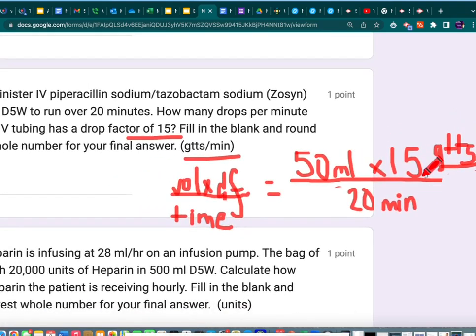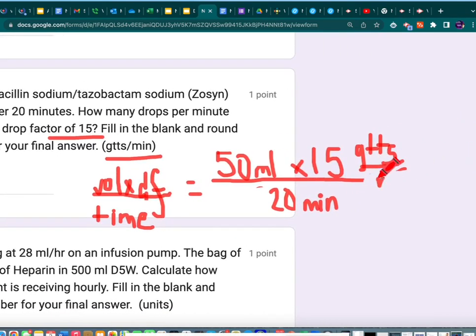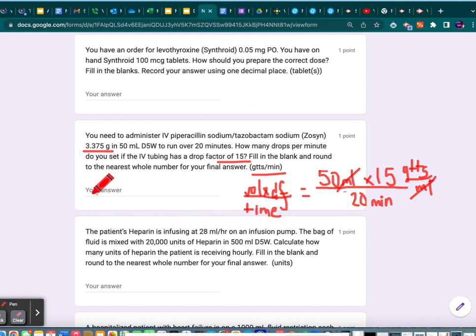All right. And this drop factor represents the drops per mil. All right. So the mils will cancel out and leave you with drops per minute. All right. And when you calculate that number and insert it here into the answer space, you should get the proper answer for this question.